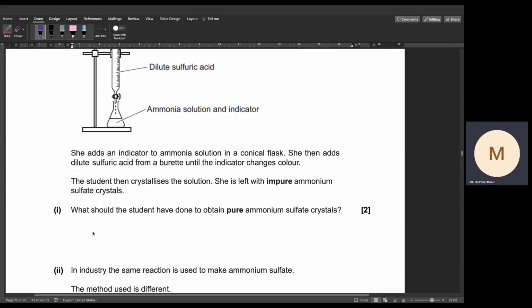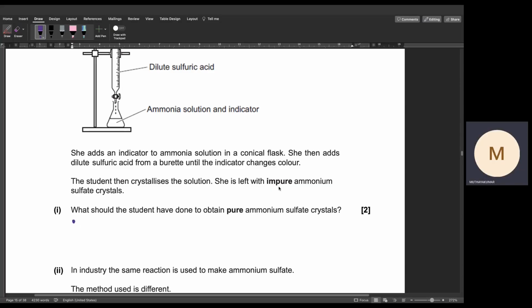So, number one, they need to repeat the titration until they obtain concordant results. They need to note how much acid was required to neutralize the ammonia, and then they would have to repeat the experiment without the indicator.